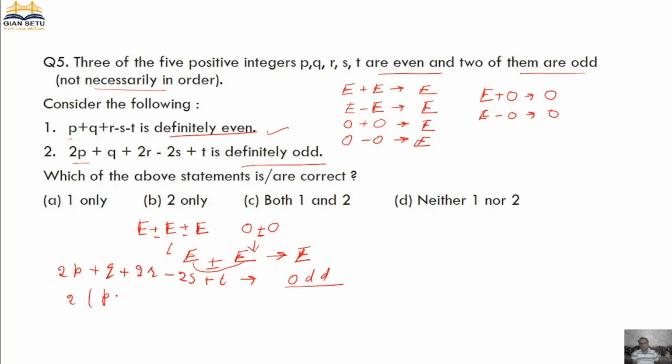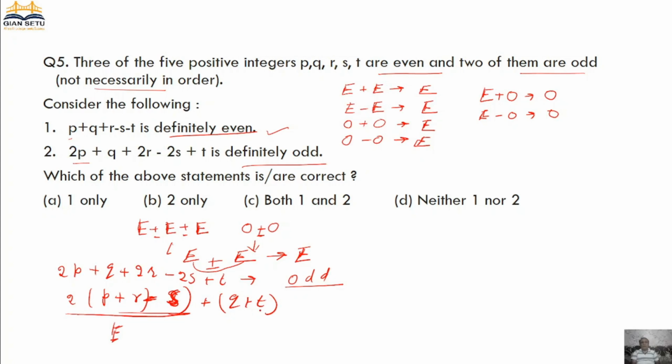Now we have 2 times (P plus R minus S), then plus Q plus T. Now this expression, 2 times (P plus R minus S), gives us an even number because we are multiplying it by 2. So here the result will be an even number.